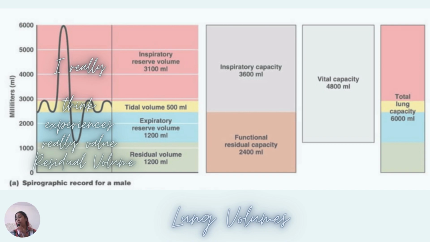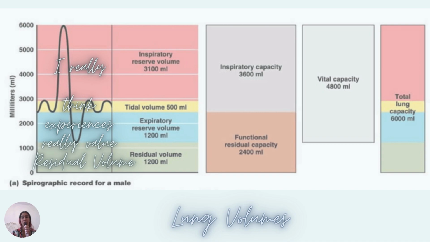You're probably wondering what these all are. I have a cute little slide coming up with them. But the tidal volume is the volume of air that moves through the lungs between normal inhalation and exhalation. The keywords here are through the lungs between normal. Because something might ask you normal, but it might say exhalation.